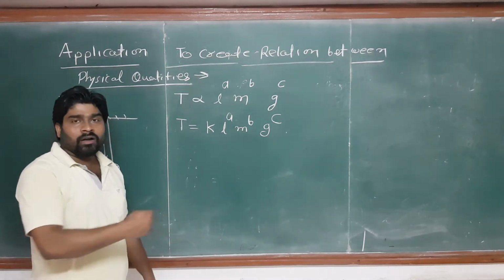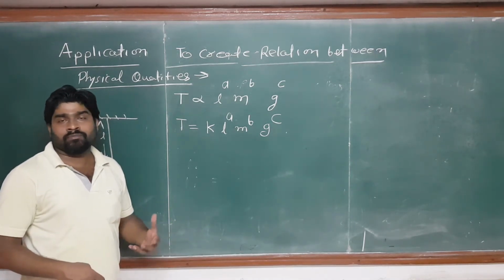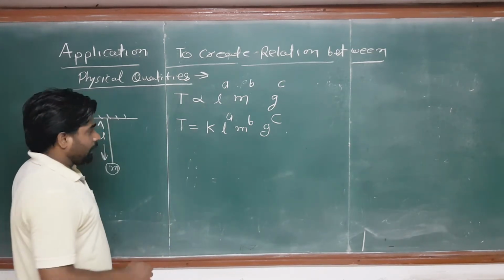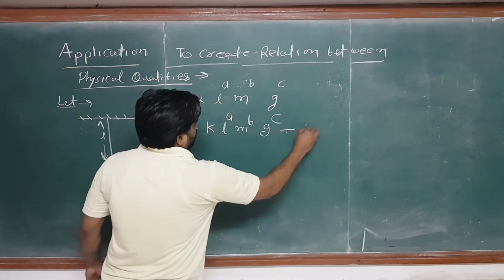After completing one round it makes an angle of 2 pi, so we can take K as 2 pi later on. This is equation number 1.